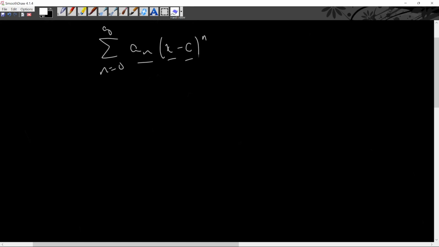And let's see. So let's talk more about this radius of convergence and what it truly looks like.